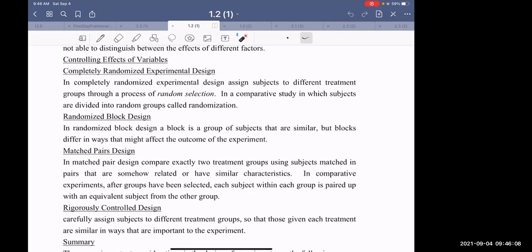In a matched pair design, you try to match a subject in a treatment group and a control group as best as possible. The way I usually think of this is in a diet. This is the easiest way to think about it. Before the diet, it's the same person. So I'm going to match with myself before I'm on the diet and after I'm on the diet.